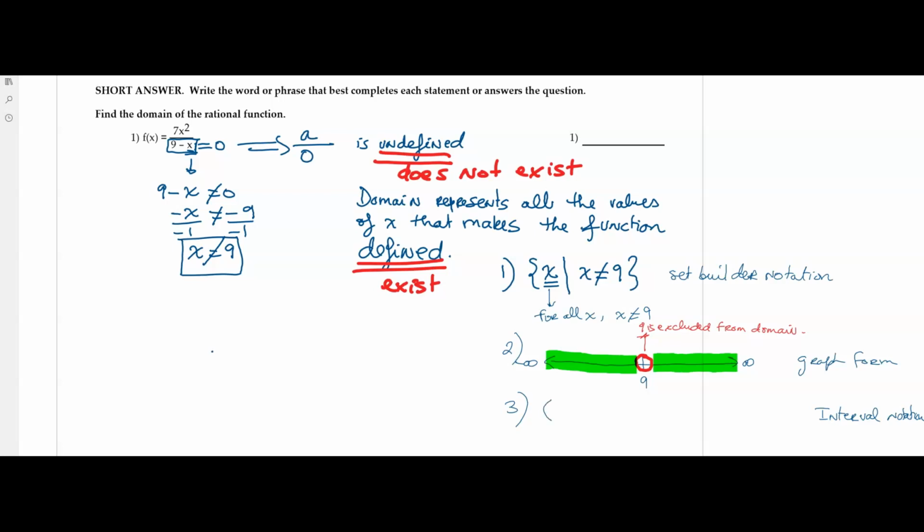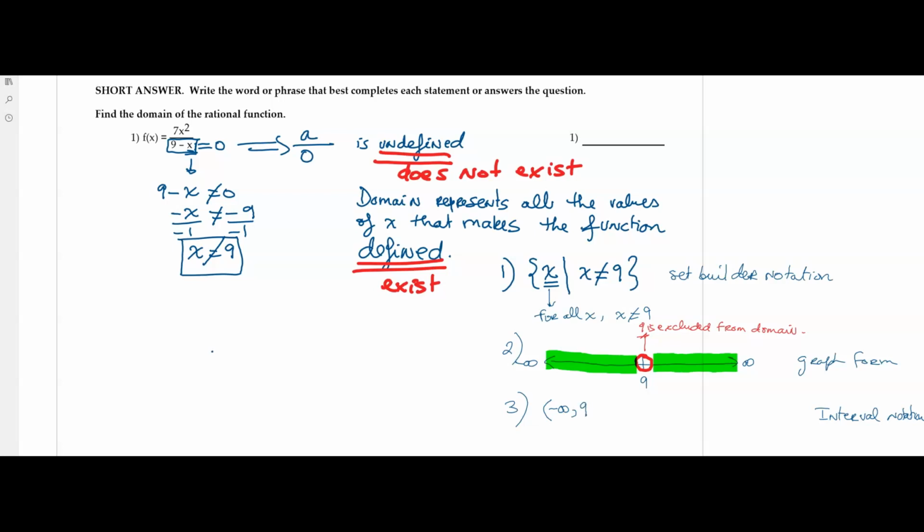Okay? And it's going to start at negative infinity. And the reason why we start with an open parenthesis is because negative infinity is not a known number. It is a number, but it can go as far as your imagination can go. So, negative infinity, and then we're going to put a comma, 9.